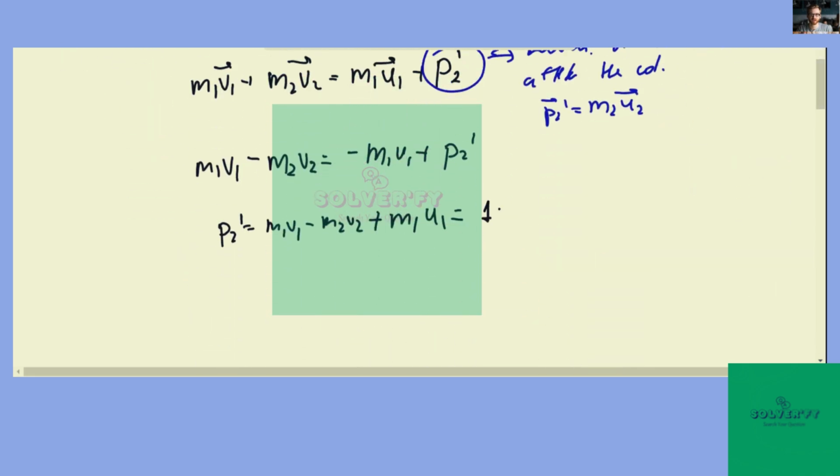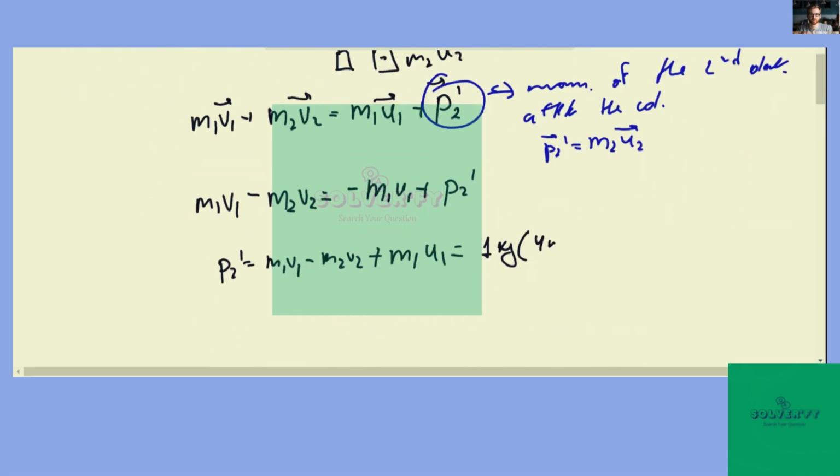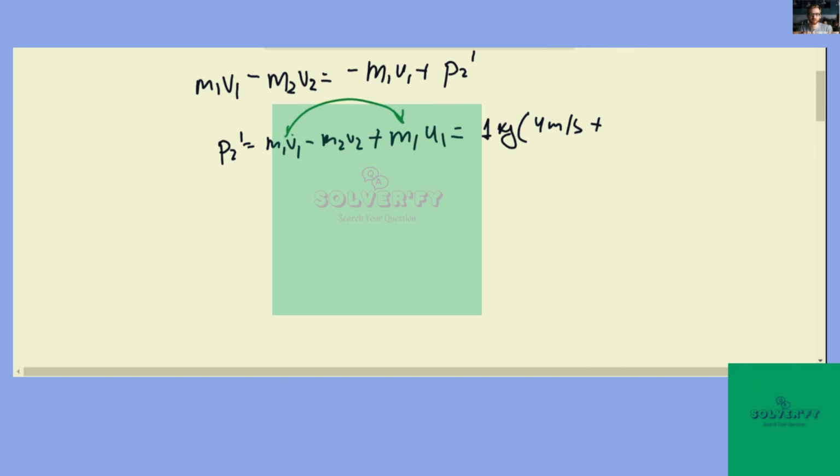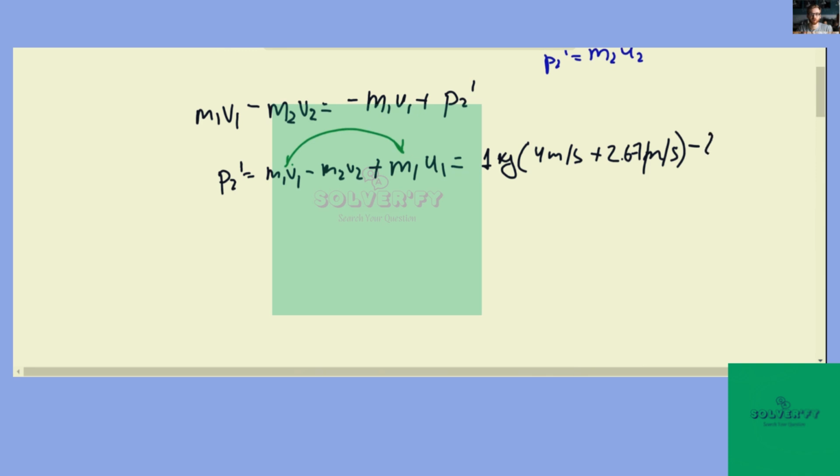It is 1 kilogram times v1, which is 4 meters per second, plus u1, because we can group these two additives, which is obviously 2.67 meters per second, minus m2v2, which is 2 kilograms times 1 meter per second.